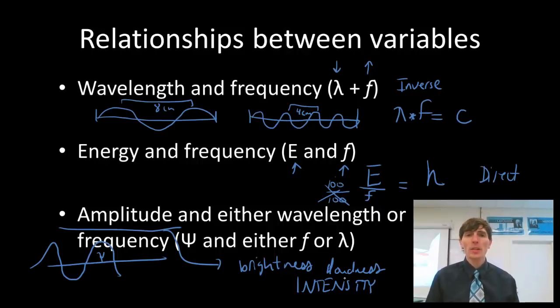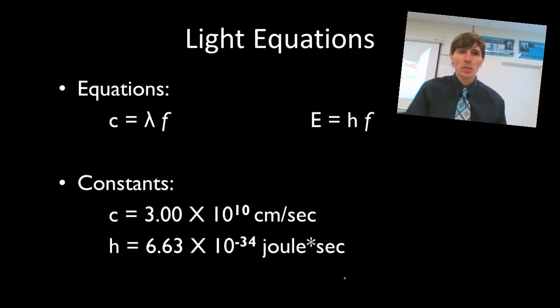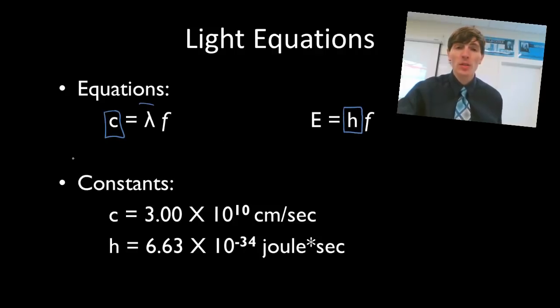Okay, so what we need to do is learn how to use these relationships. So these equations we're going to use, I want you to take note of a couple things. In my equation here, I'm going to draw a little square around my c and my h. These two equations each have different constants involved that relate the two variables mentioned.